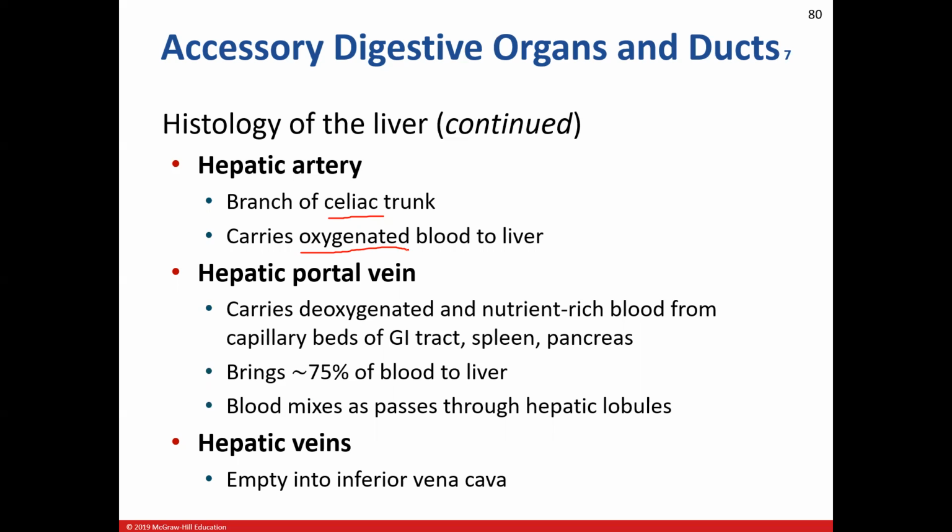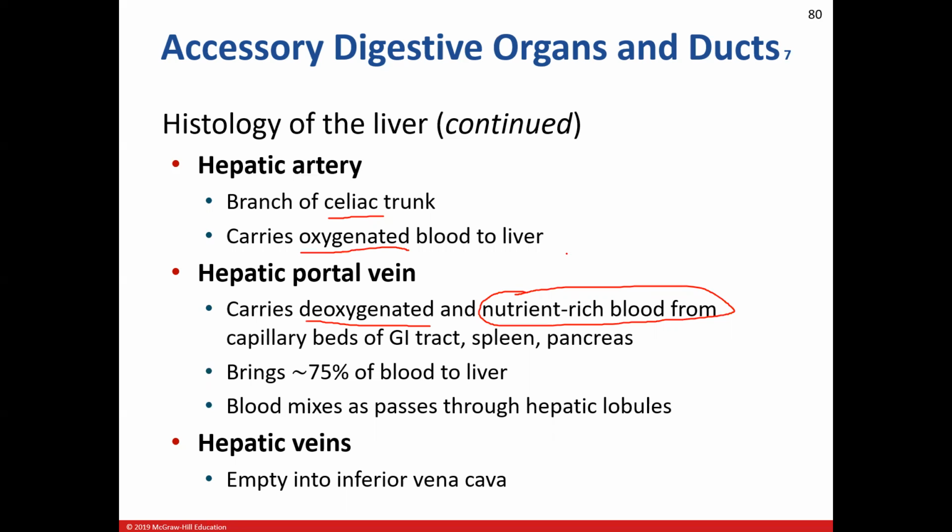The hepatic portal vein, meanwhile, carries, as you know, veins deoxygenated blood, but it carries that nutrient-rich blood that just came from the capillary beds throughout the GI tract. Remember, that's where our absorption is occurring.